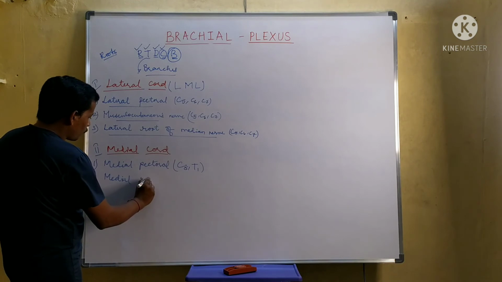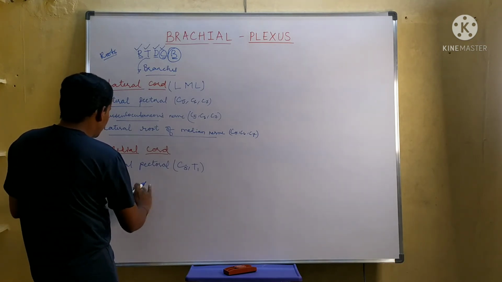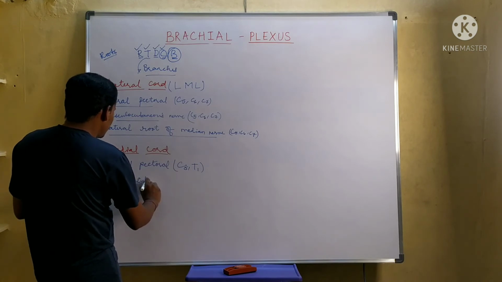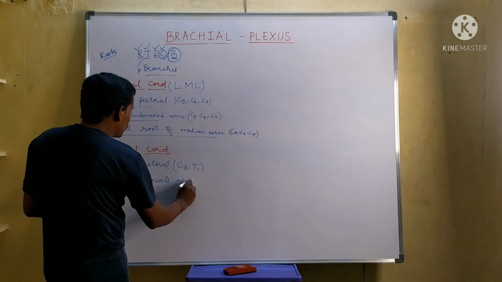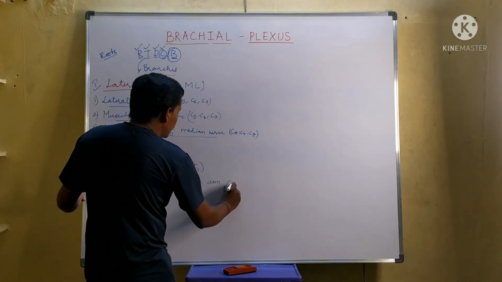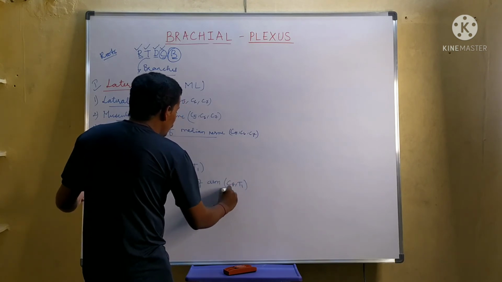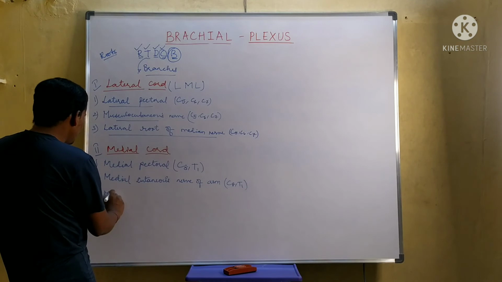Second is medial cutaneous nerve of arm, C8, T1 root value. Third branch is medial cutaneous nerve of forearm, root value C8, T1.